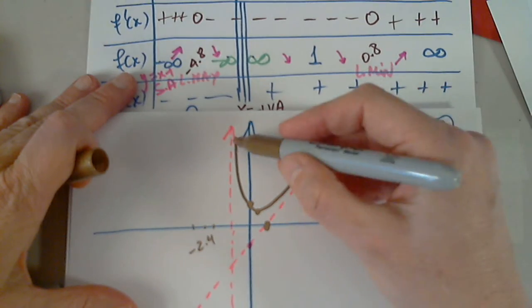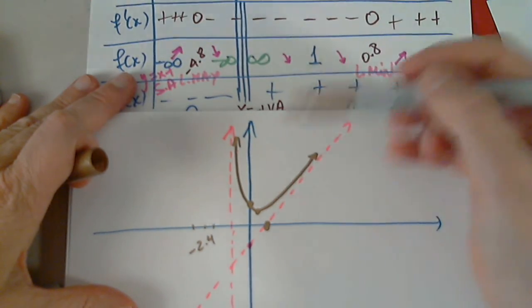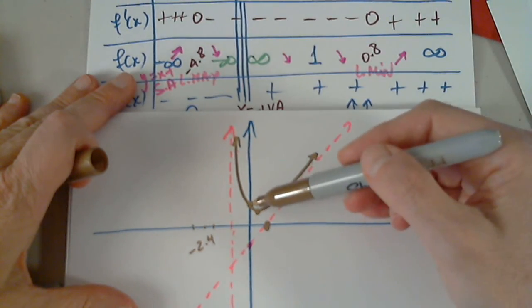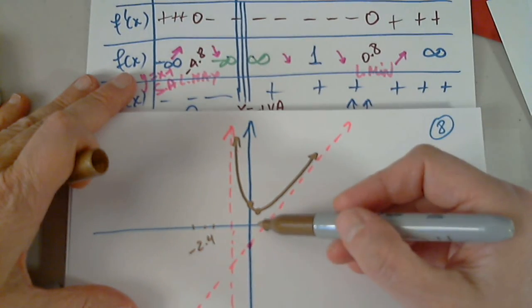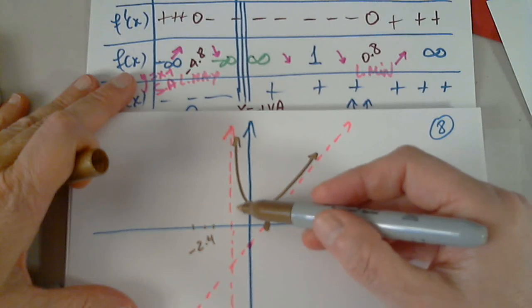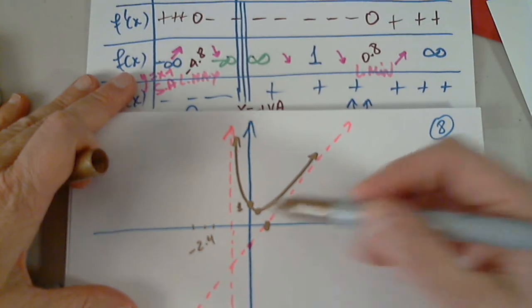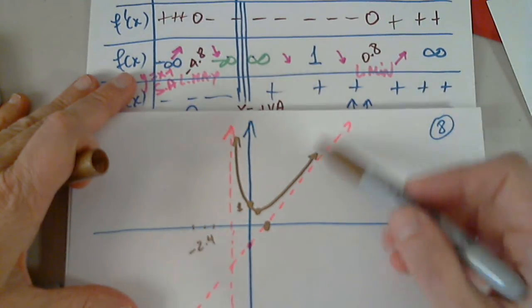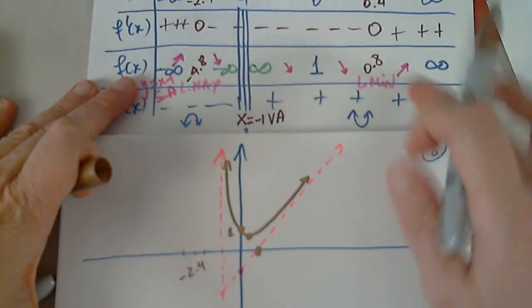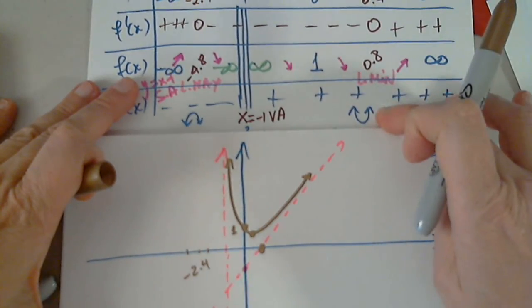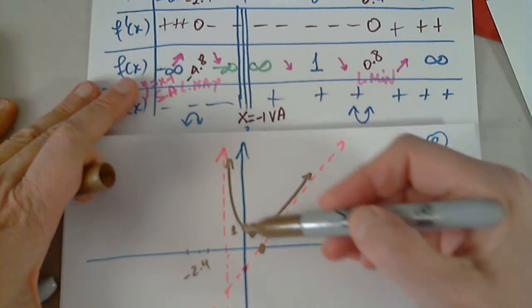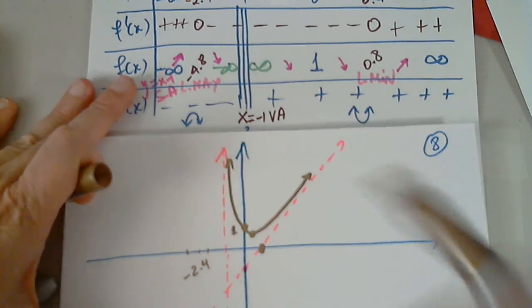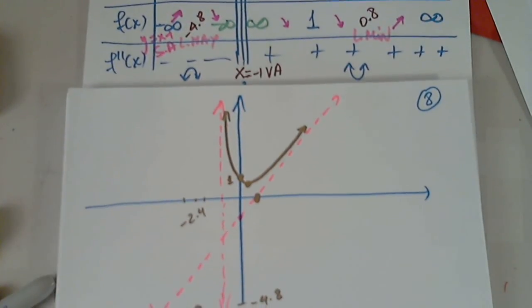Approaching asymptotically, from positive infinity, crossing at 0, 1 on the y-axis, coming to a local minimum at 0.4, 0.8. And then increasing, opening up at all times, going towards the slant asymptote. Coming from one asymptote, coming to a minimum, going to the second asymptote, the slant asymptote. And this is it.